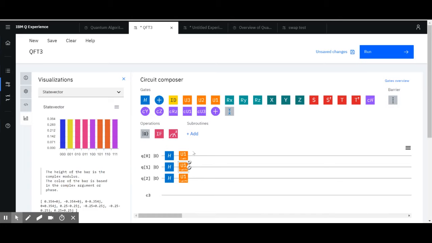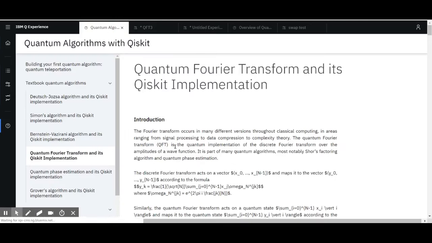I think the one thing that I still don't understand is how that pattern is being constructed out of this, right? This is the example we're given in the IBM Q experience, where they say the result of this should be 1, so 001.